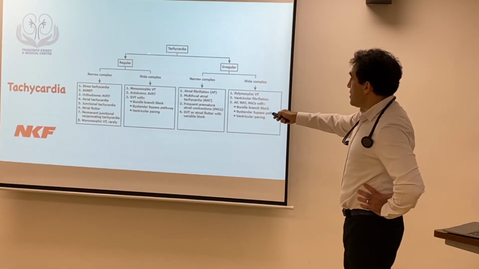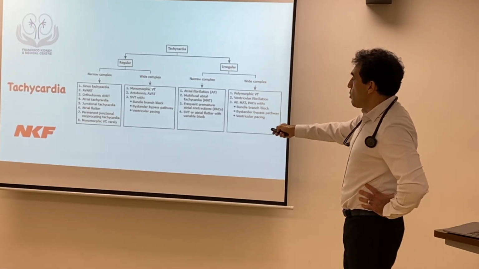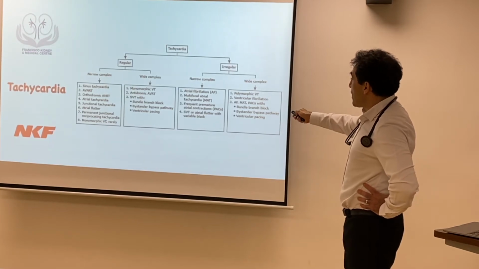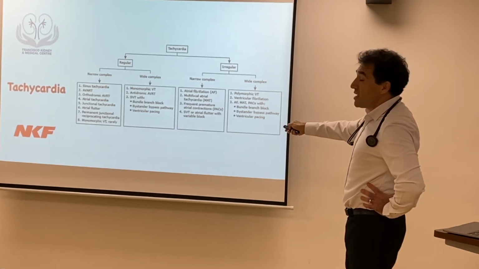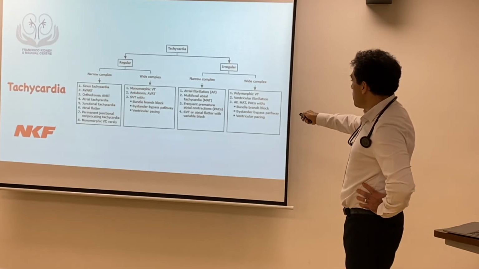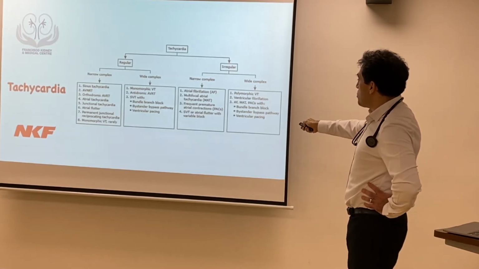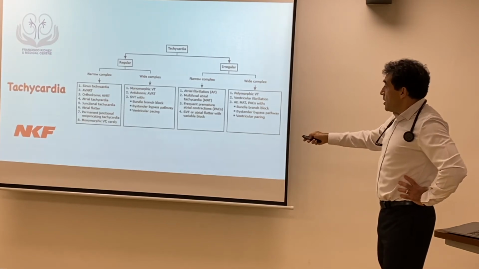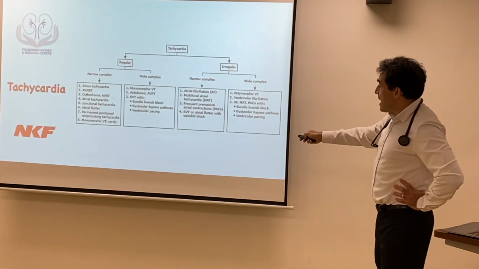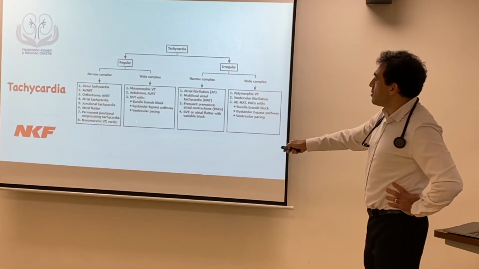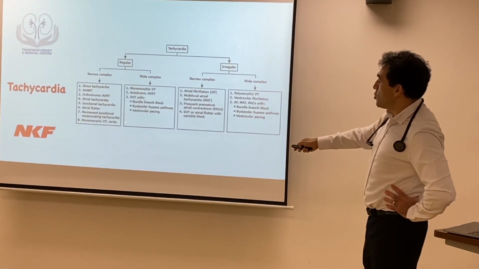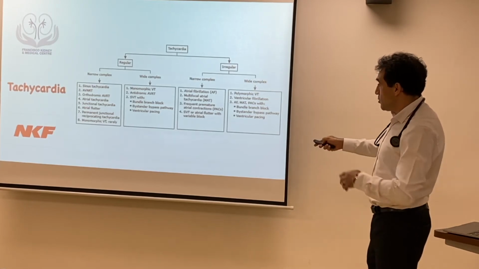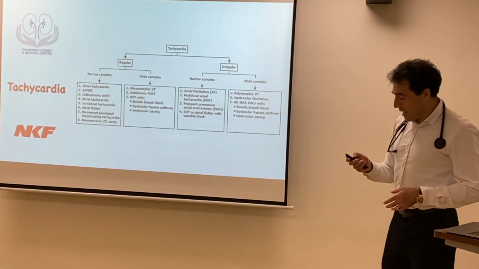If it is regular and wide complex, could be a monomorphic VT, although there are other possibilities. Irregular, narrow complex could be atrial fibrillation, but irregular and wide complex could be a polymorphic ventricular tachycardia. So you will have the slides. We are going to show you a sample of all of these, so I'm not going to go one by one now.